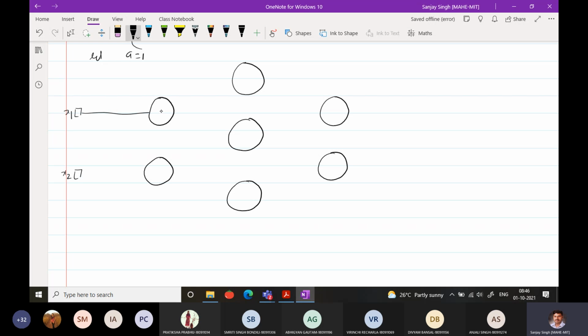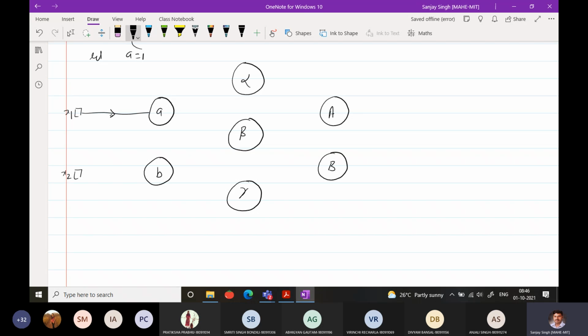Let me call this neuron A, and this one B, just names so that we can refer to them. Alpha, beta, gamma, capital A, capital B. I could have written 1, 2, 3, 4, 5, 6, but that may be confusing sometimes.